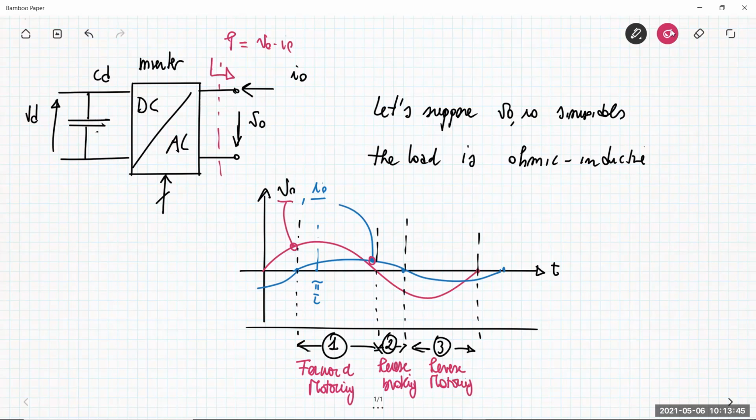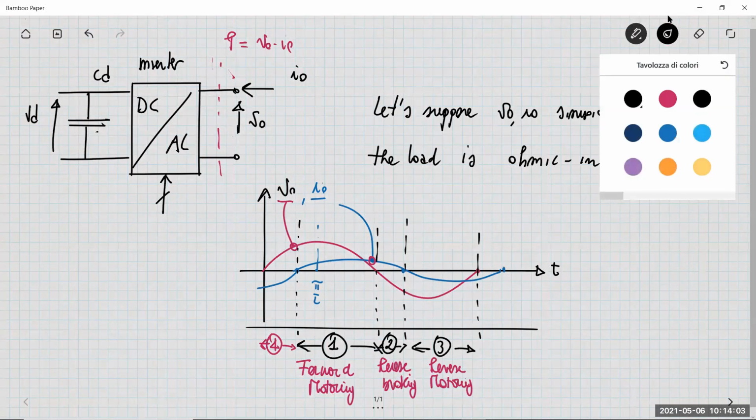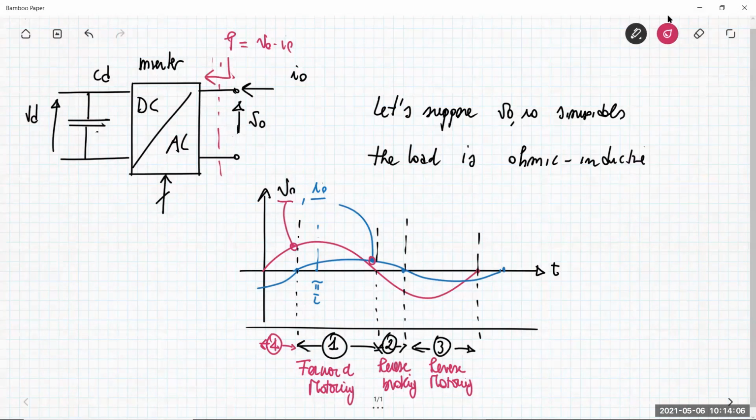And there is another situation, the fourth one, in which you have the voltage positive, but the current negative. The power is absorbed, so the power is entering the inverter. So we are operating the inverter in a braking operating mode, and this is the forward braking.